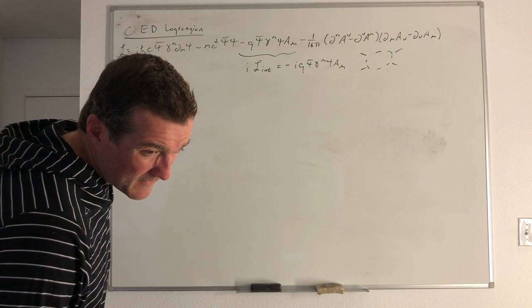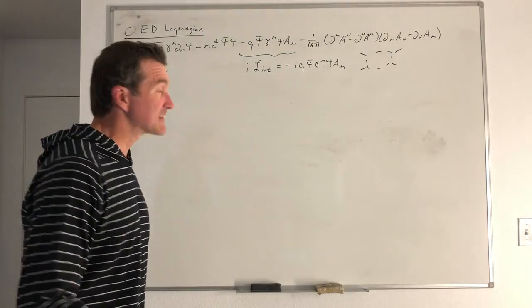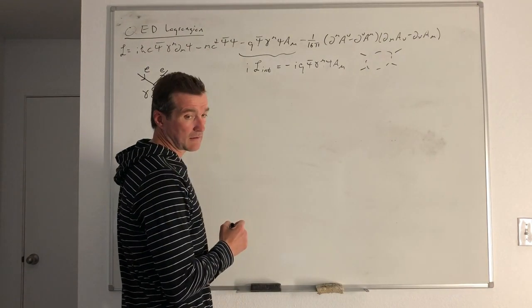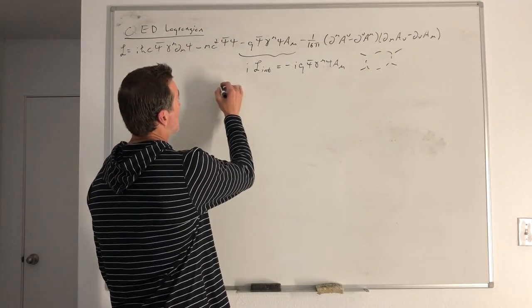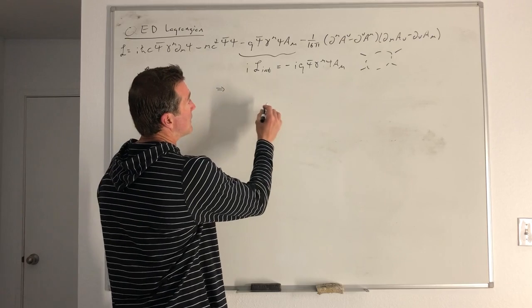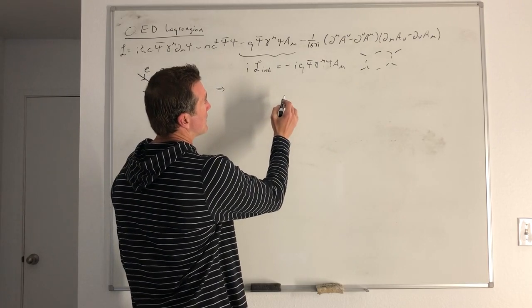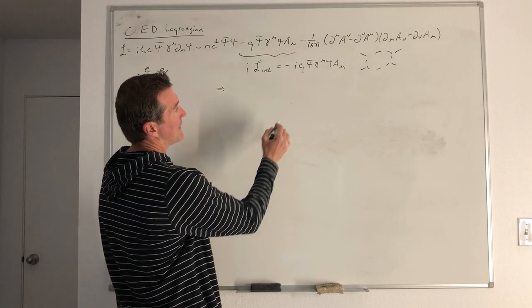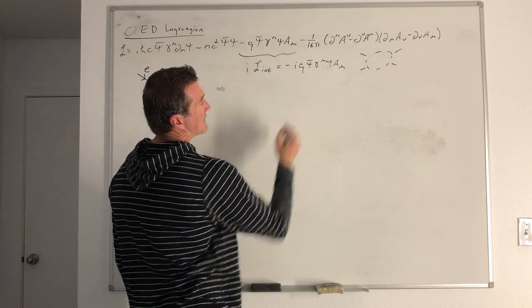Don't we get rid of all the fields? Yes, we erase the fields. What are the fields that you see in here? I see a psi bar. And I think, I can't really tell, but that's a gamma. Yeah, that's a gamma mu. It's contracted with the A mu.